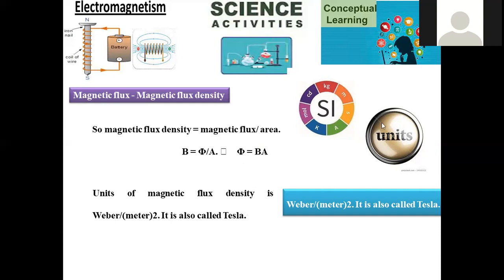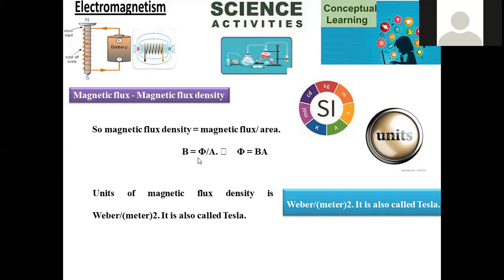The SI unit of magnetic flux density is Weber per meter squared, otherwise Weber meter inverse 2, which in turn is called a Tesla as well. These are the units and the mathematical representation of magnetic flux density.